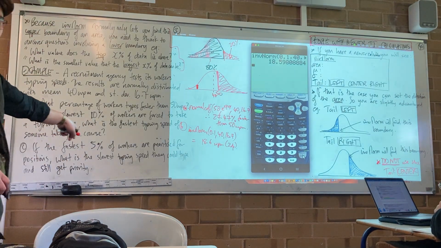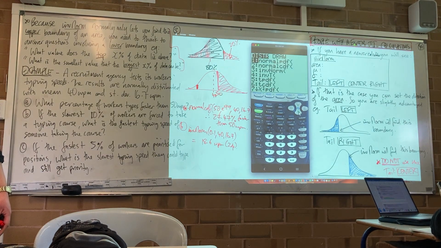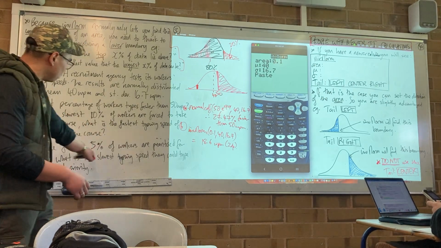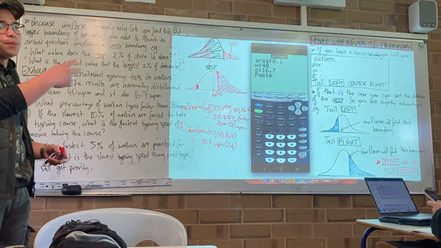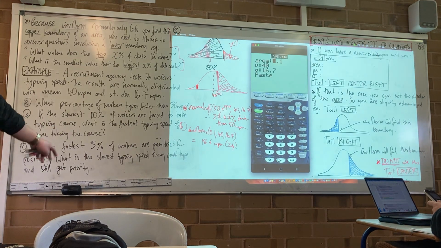95%. So if I wanted to work that out with the old calculator, I'm going to go second vars, inverse normal. And because my tool doesn't support what it's finding, I need to flip it. What's the opposite of 5%? 95%. So I'll go 0.95.